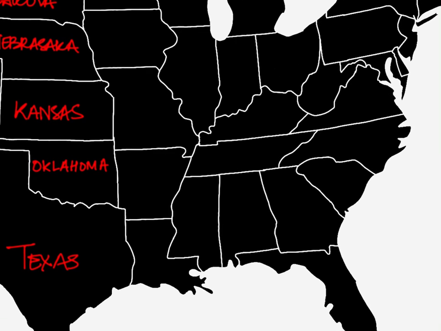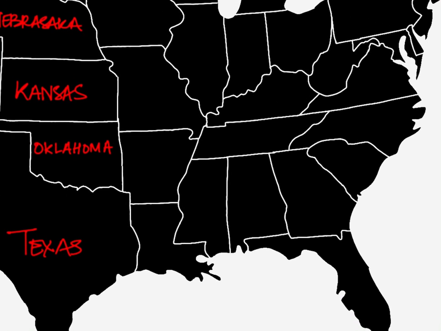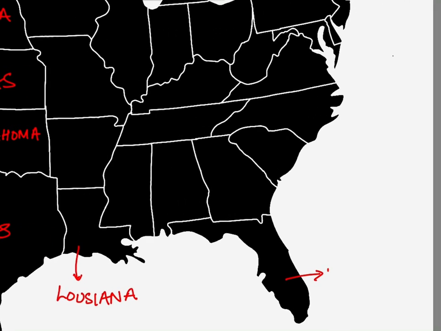Let's start again with the south. We have this state of Louisiana. Pardon me in case I misspell any of the states or mispronounce them. Since we are in the southern part of the country, let's name this as well. This is Florida.